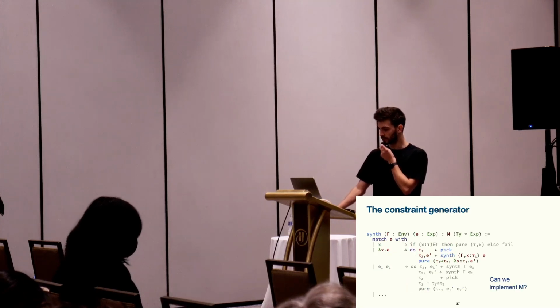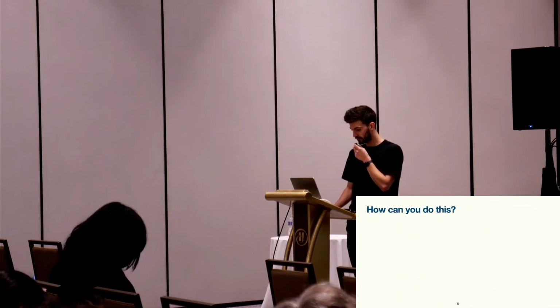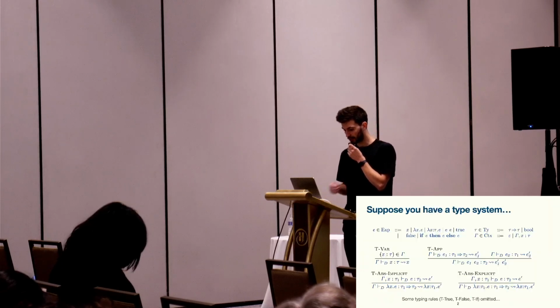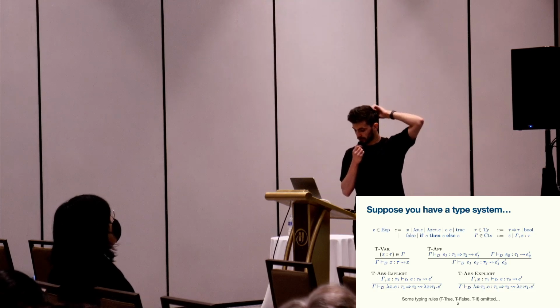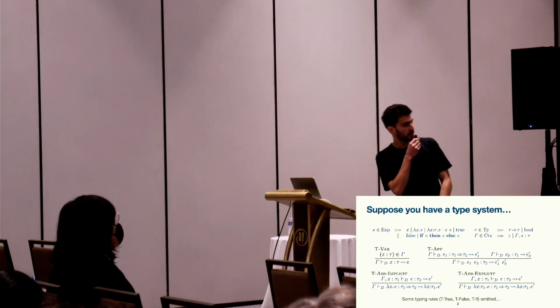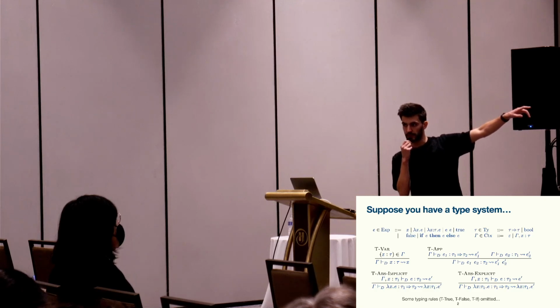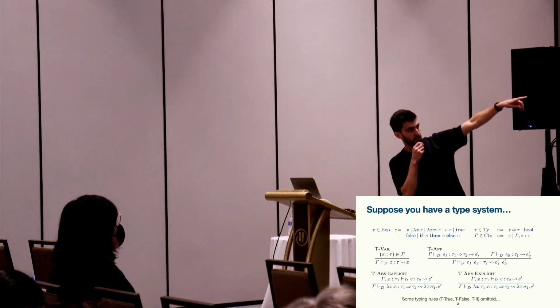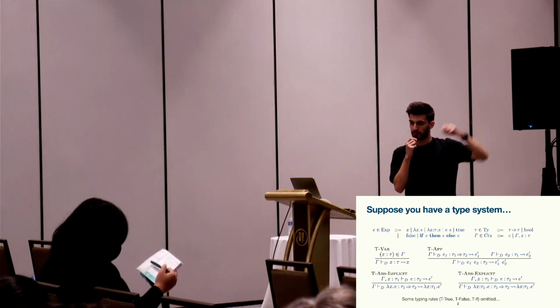I can show you the constraint generator again. Maybe I'll show you slide 1. Look at the bottom left type inference rule here. This is a typing rule for lambda abstraction. It says that you can conclude that lambda x.e admits this function type from tau1 to tau2, provided that you can type the body of the lambda e in a context that's extended with a binding for x to tau1.